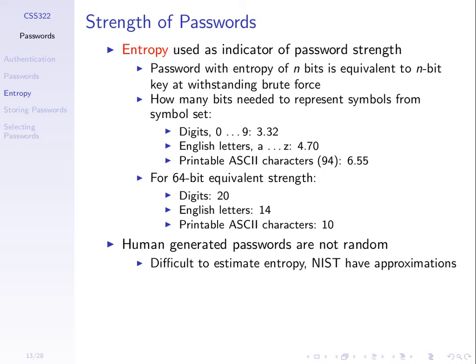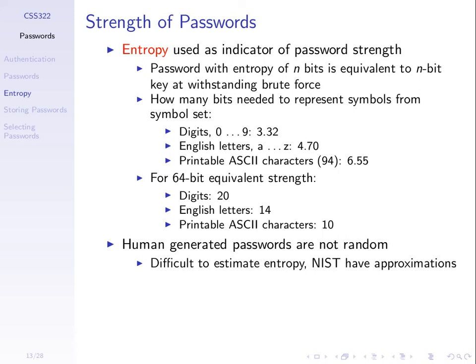So to get equivalent to a 64-bit binary value, we need 20 digits. English letters, 1 letter, 4.7 bits. 14 times 4.7 is about 64, so the equivalent strength.